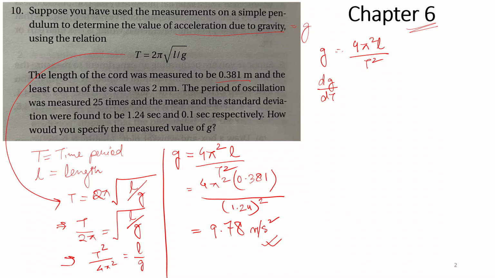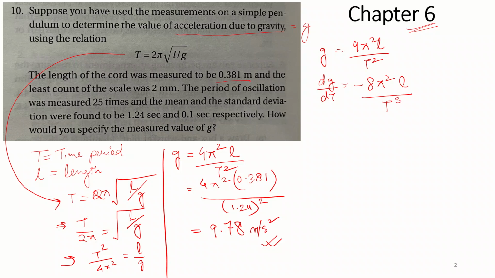In differentiation, the constants won't be affected, only the t square term will be affected. Anybody differentiated? Minus 8 pi square L divided by t... or will it be t cube?